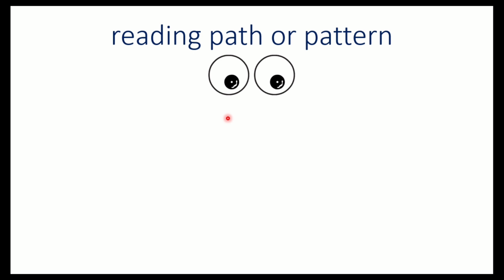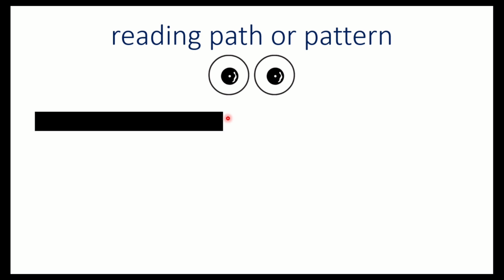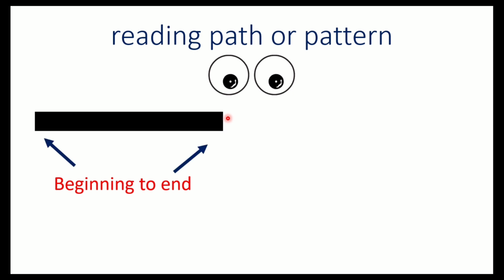Here is a visual representation. This line has a beginning and an end. If we are reading something with a beginning and a certain pattern to the end, it is considered a linear text.